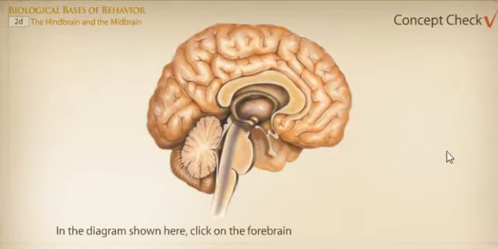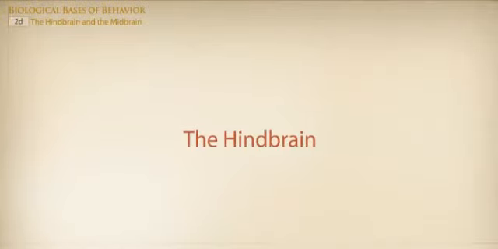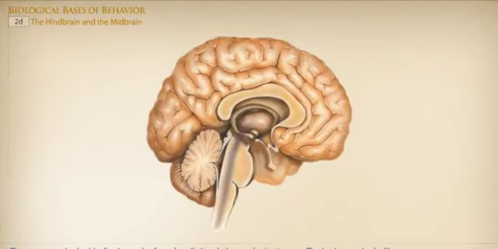So the forebrain would be here. The hindbrain would be down here. So the structures in the hindbrain can be found easily in relationship to the brainstem.